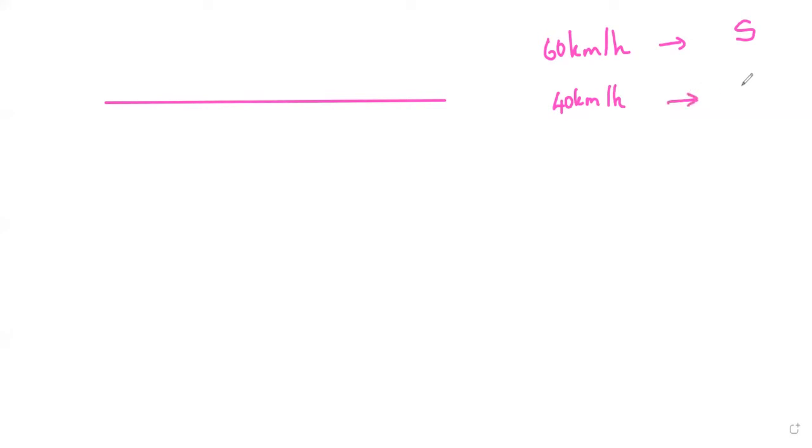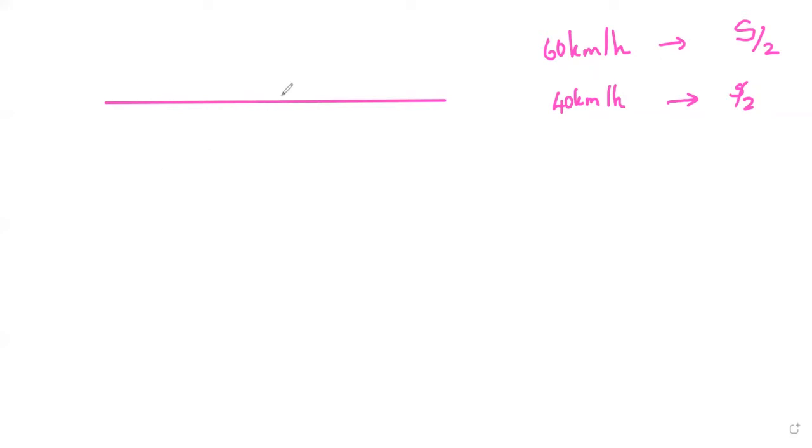So let's say for the first half, which means for the x by 2 distance, it's going to go with 60 kilometer per hour. For the next x by 2, it's going to move with 40 kilometer per hour. You can take any name. For simplicity I have taken S, or you can use D for distance.